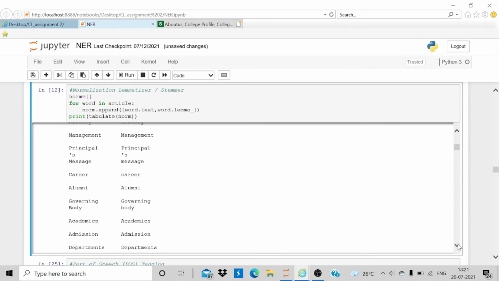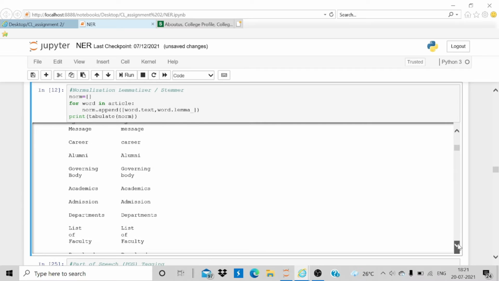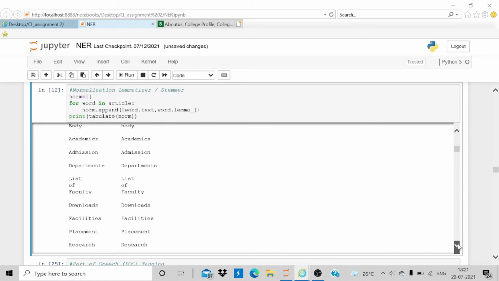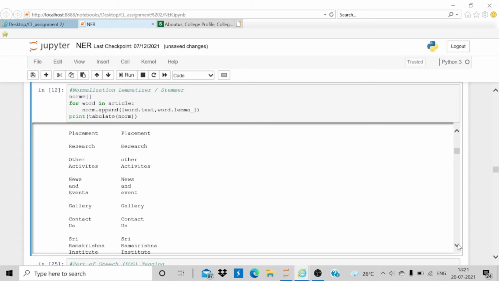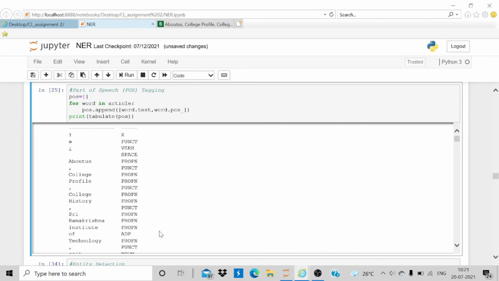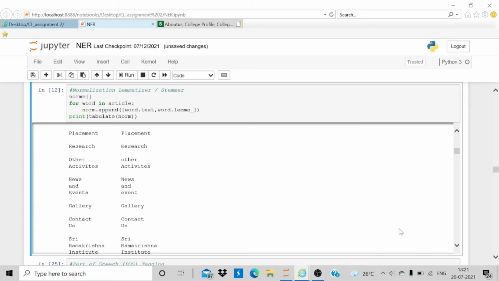all the words are properly cut here. So we will see a few more things here. See, the events is cut into event. Plural form is converted into the singular form.